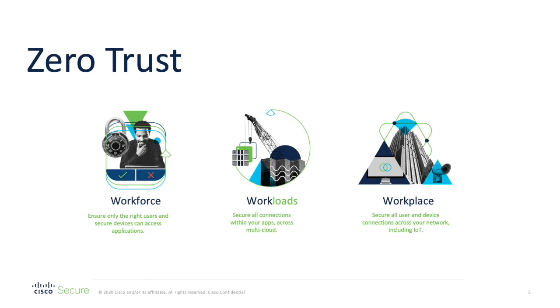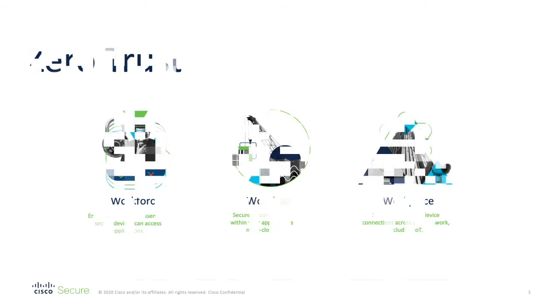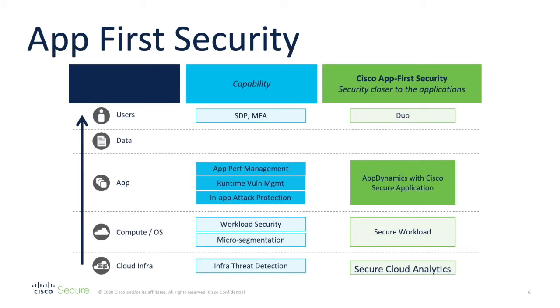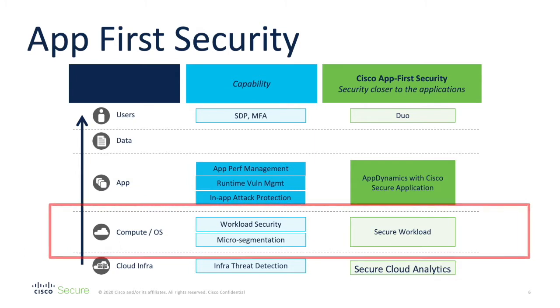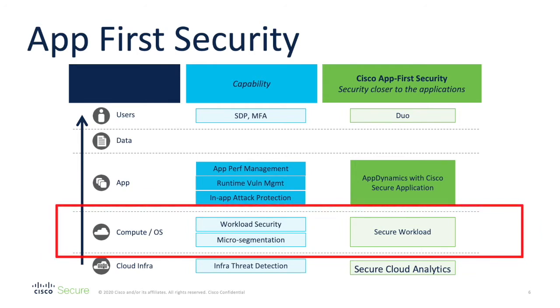This is where the threats are being directed at now. App-first security. Many of the vulnerabilities start on the server and then escalate to the application where the data resides. Secure Workload allows for protections on the compute and OS level.